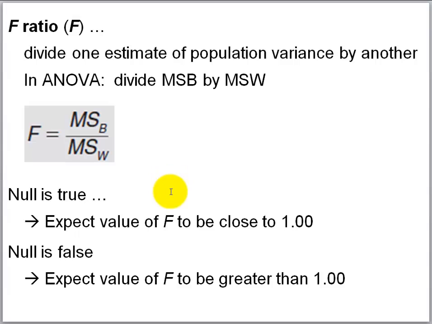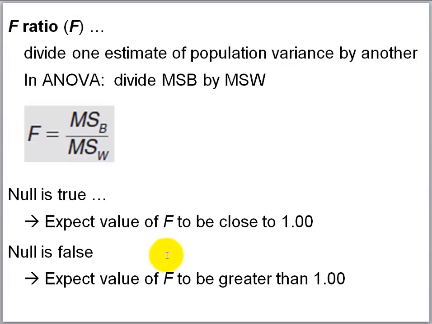When the null is true, we expect the mean square between and the mean square within to have similar values. Their values differ only due to sampling error. Thus, when the null is true, we expect the value of F to be reasonably close to 1.